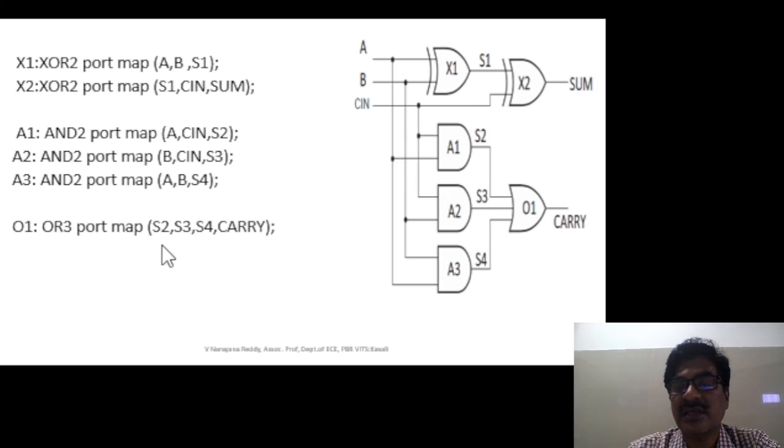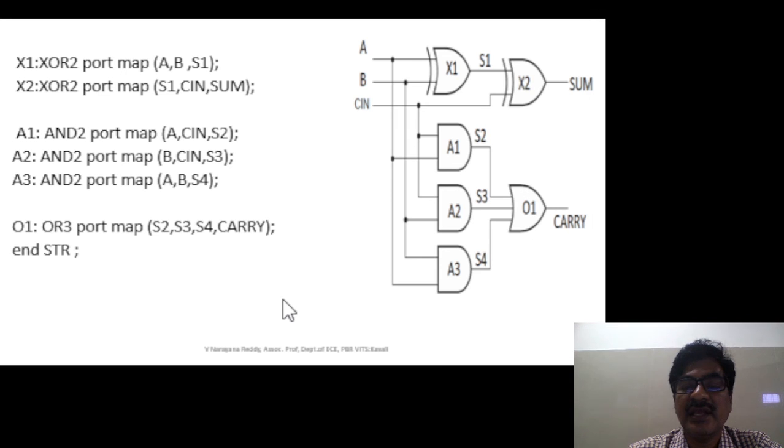So place S2 comma S3 comma S4 comma, what is its output? Carry. So end with the semicolon. Remember, every statement must end with the semicolon. So we have written 6 instantiation statements in this case because it includes 6 gates or 6 components. That's why 6 instantiation statements.